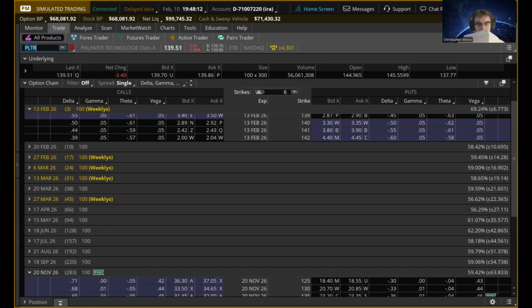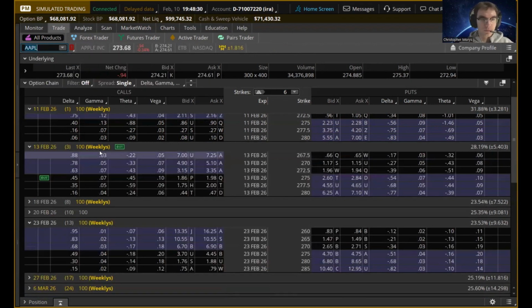So problem three on this sheet: buy one contract on a put on Apple expiring on February 13th with a strike price just north of Apple's current stock price. Oh, all right, go down to February 13th. Sell just north of current stock price, right there.